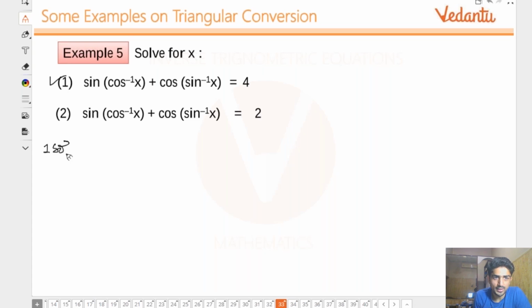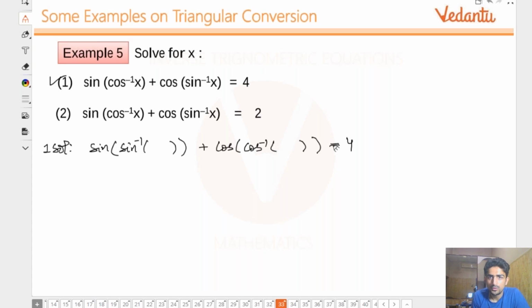Okay, do it quickly. I have mentioned the hint. I would convert inside inverse into the required inverse so that it gets cancelled. फटाफट convert करो, cancel करो, and finally tell me what is the value of x.